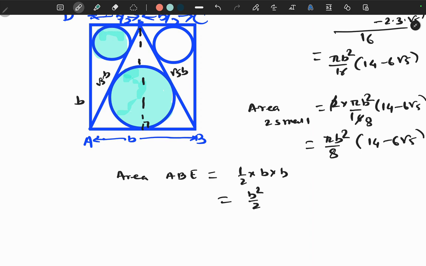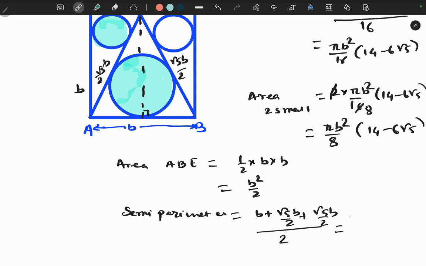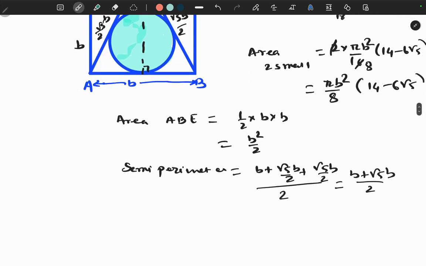If I want to find the semi perimeter of this, it will be b plus root 5 b by 2 plus root 5 b by 2, divided by 2. So b plus root 5 b by 2 will be the semi perimeter.